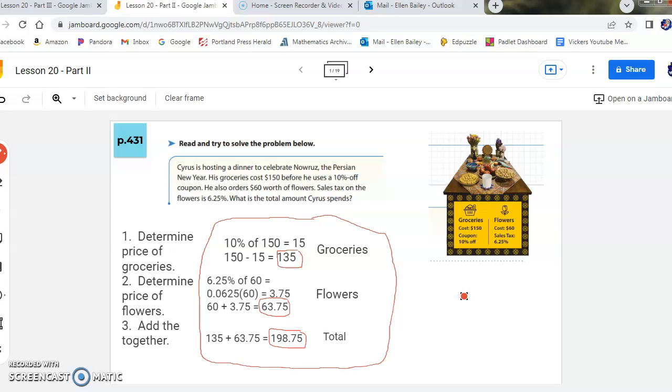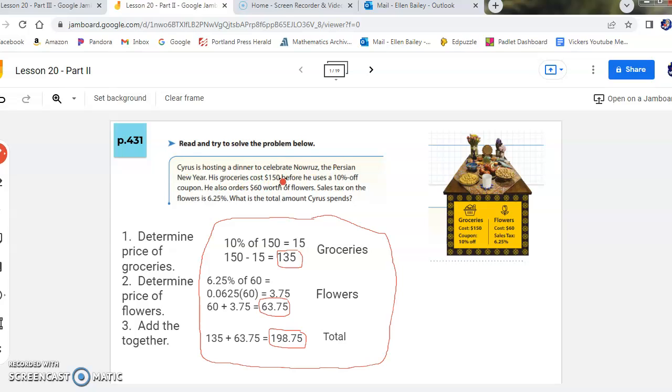All right, so it would be really easy to get overwhelmed, I think, looking at a problem like that. So a really good strategy is the second time you read it, and I'm a fan of 3 reads actually, but let's try this the second time through. Let's break it apart into steps. And you can see I've actually already done that over here. So Cyrus is hosting a dinner.